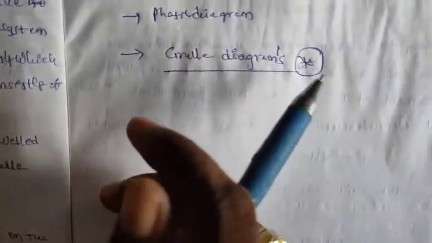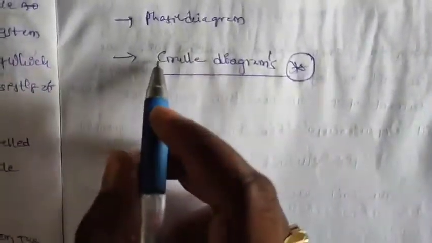After that, the circle diagram. The circle diagram is a very important topic. Without this topic we cannot expect a question paper. We will give a clear class on this topic using the blackboard.